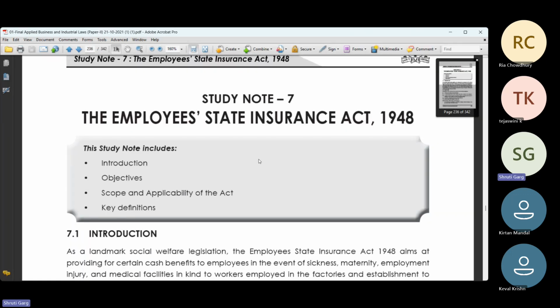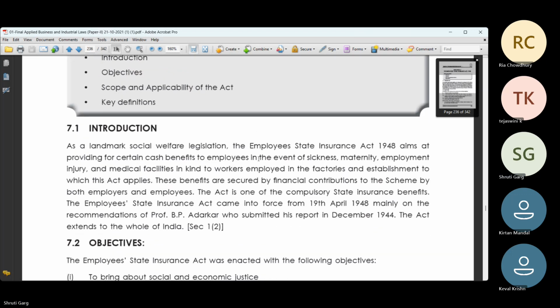Study note number 7, Employees State Insurance Act 1948. Introduction. As I told you, the industrial laws are basically made for the protection of the employees, workers or laborers, and basically it is the welfare from the company towards its employees, right?